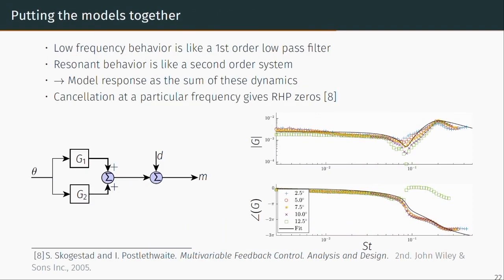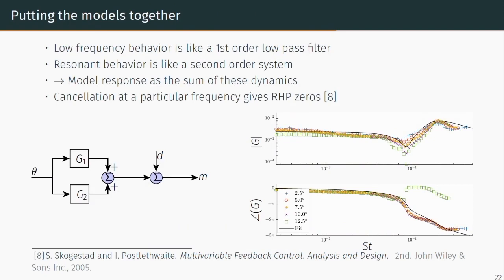So these models, it's kind of nice that we can have these models that describe qualitatively quite well what the flow is doing. But the real purpose is to describe in some slightly more accurate way the input-output behavior so that we can go on to design feedback controllers.